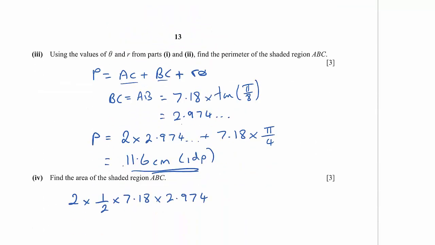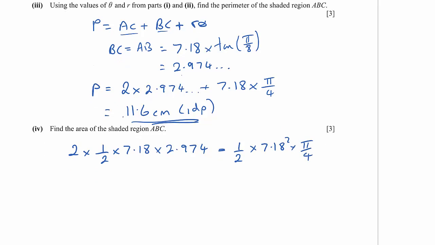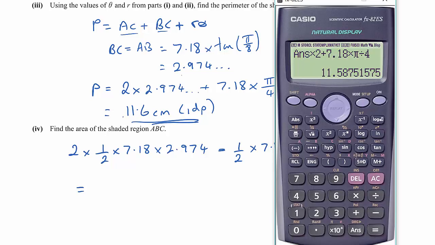And then we'll need to take away from that the area of the sector, which is going to be a half times r squared times theta, which we found was pi by 4. So that should be the area that we want, and we can calculate that all in one go. So 2 times a half is just 1, so we've got 7.18 times 2.974.